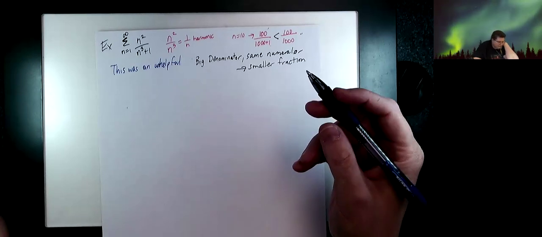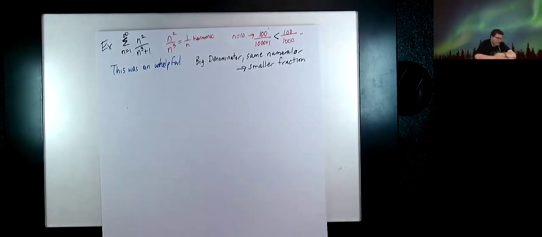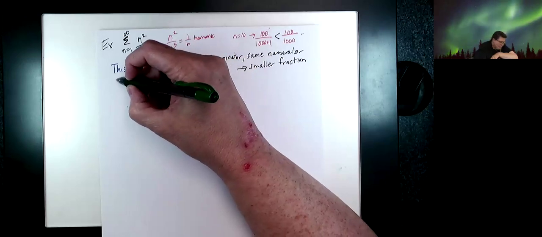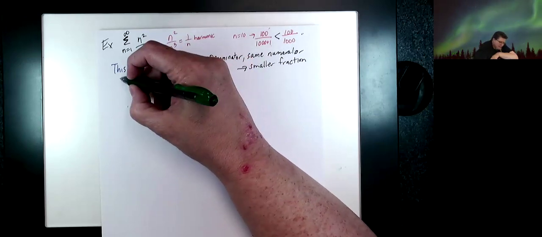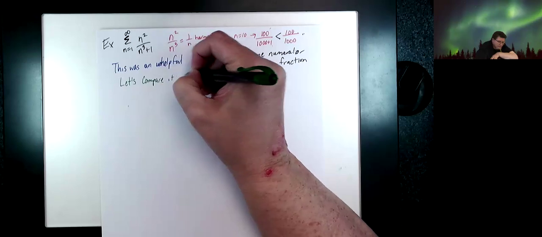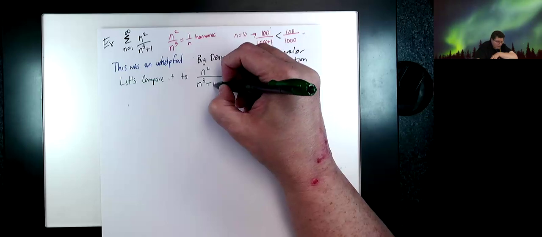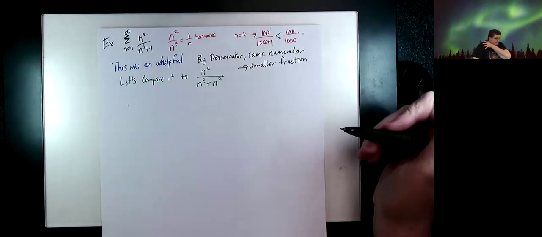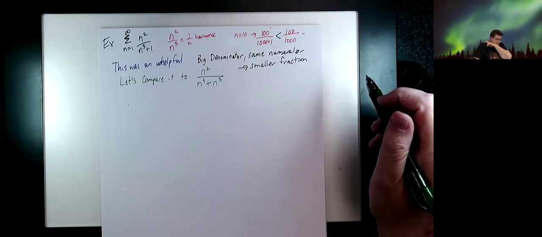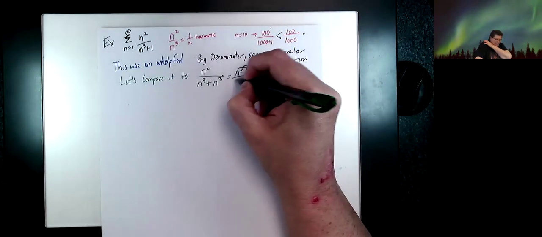So when you have something like that, then maybe consider changing it. I chopped off the 1. Now let's change the 1 into something that is useful to us. Let's compare it to n squared over n cubed plus n cubed. And I deliberately picked n cubed because I can add them together. That would be n squared over 2n cubed.